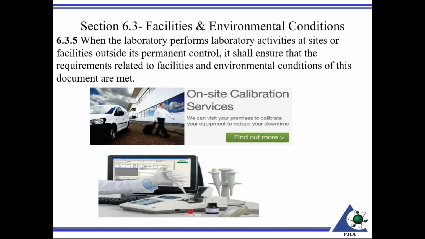So this is particularly aimed at on-site calibrations or tests. I see this quite often with calibration facilities where they may be going into the customer site, which may not be as environmentally friendly as the confines of the fixed laboratory facilities.